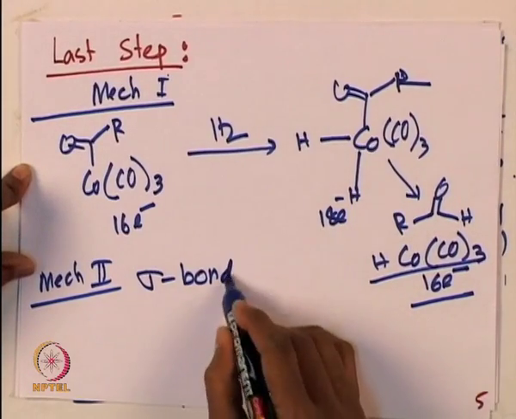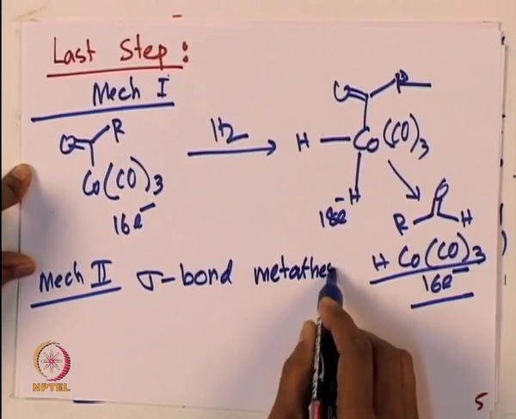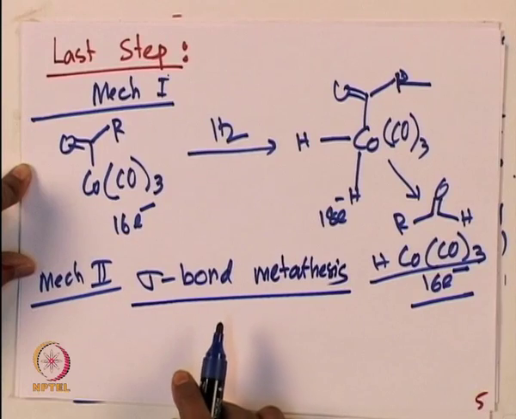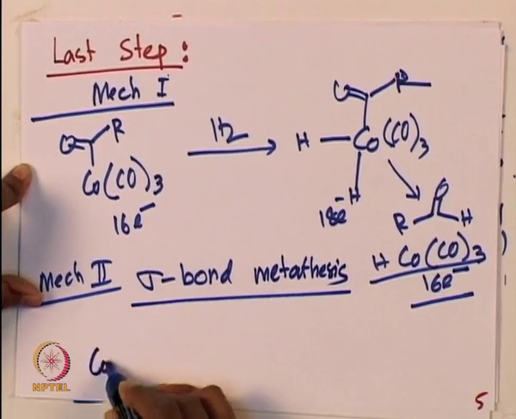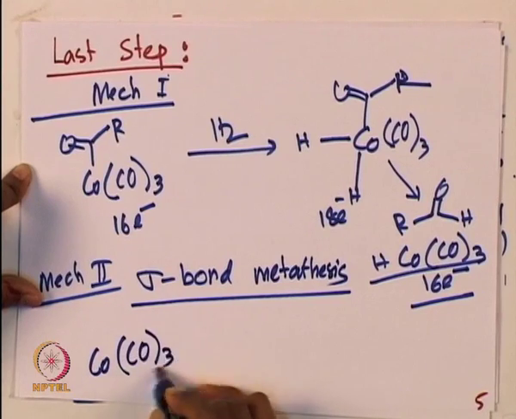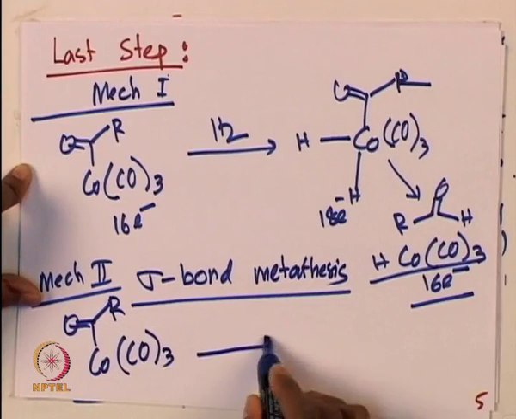Sigma bond metathesis is, I guess, the one, as you have seen previously, when oxidative addition is not going to be a preferred pathway, sigma bond metathesis will be, and in this case it will be the case most likely, although direct evidence is lacking.